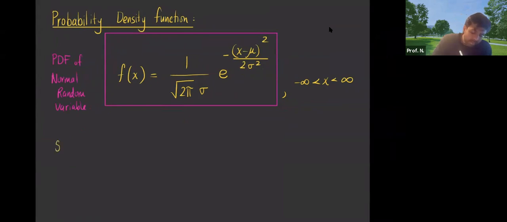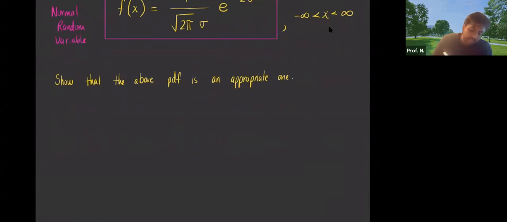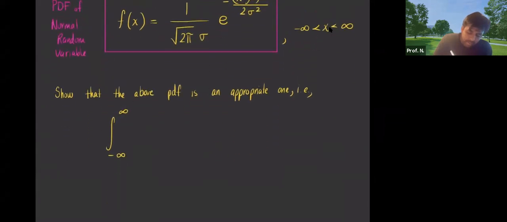So let's show that the above PDF is an appropriate one. So this would mean, i.e., the integral from negative infinity to infinity of f of x dx has to equal 1.